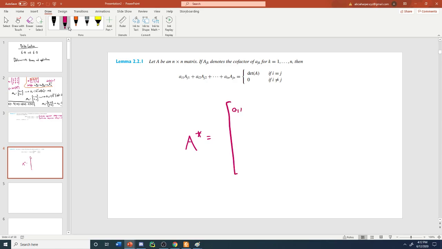We'll have a11, a12, and so on, up to a1n. And then we go down and we get to ai1, ai2, and so on, up to ain, and this will be, of course, the ith row. And now we keep going down further until we get to the jth row.